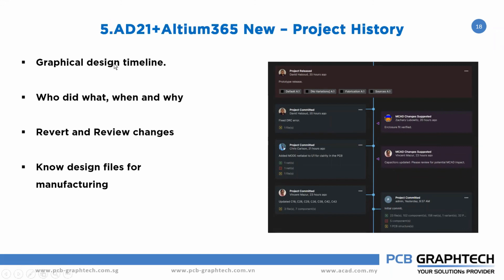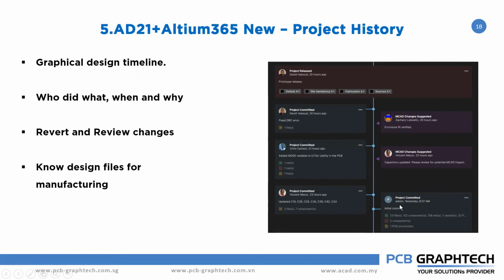It gives you the design timeline, so you can see the releases of your project in the project history, who committed to the project, and who made the changes to the project. All the information, whether about the nets or the components, whatever the changes are, you can see here.